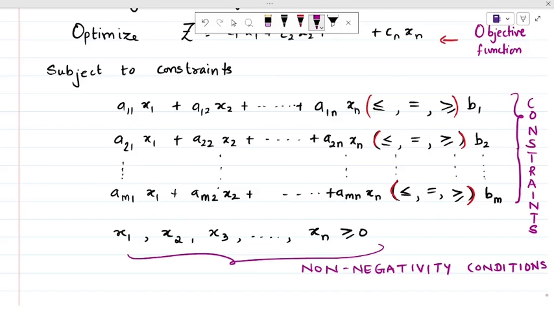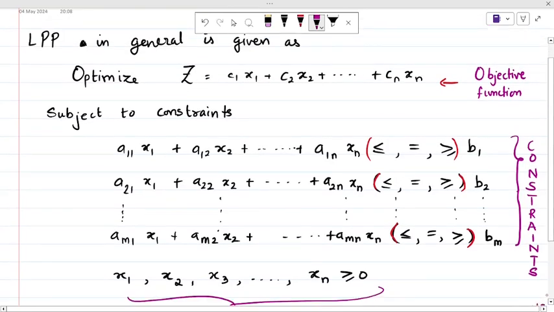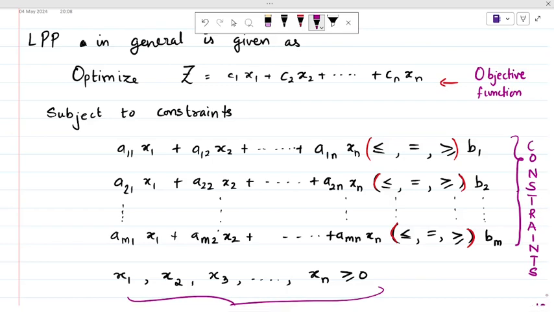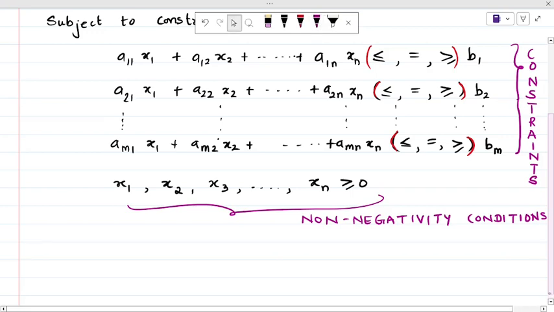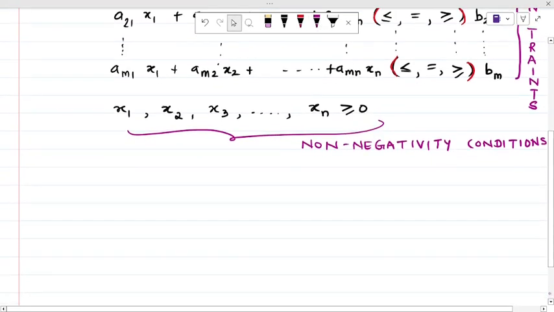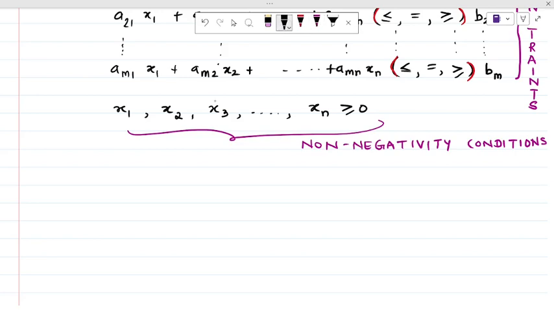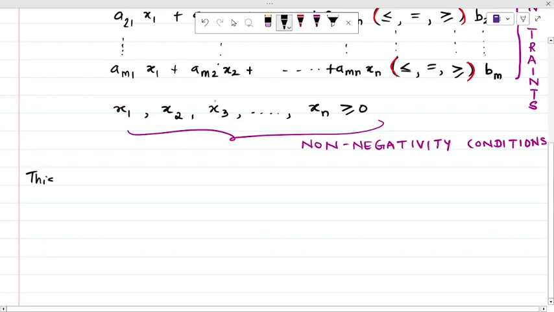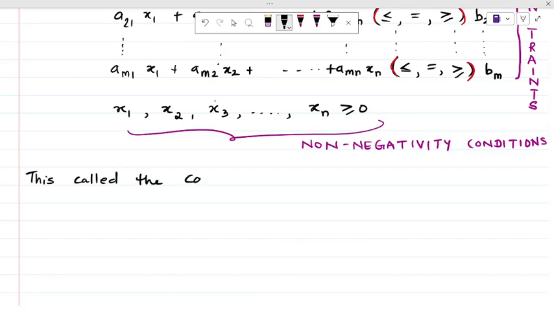The general LPP, whatever is given to you, is itself the canonical form. We will see it in detail, but you can consider this as the canonical form of the LPP.